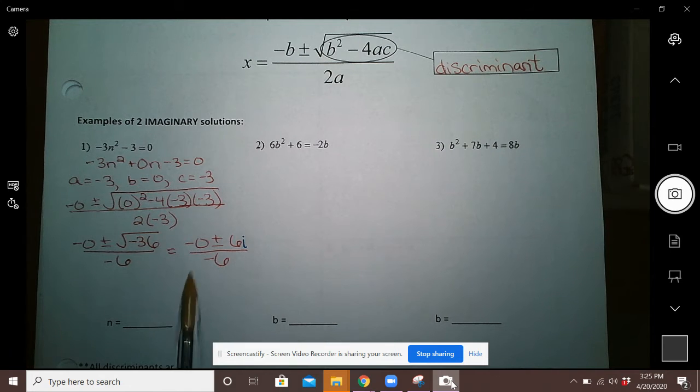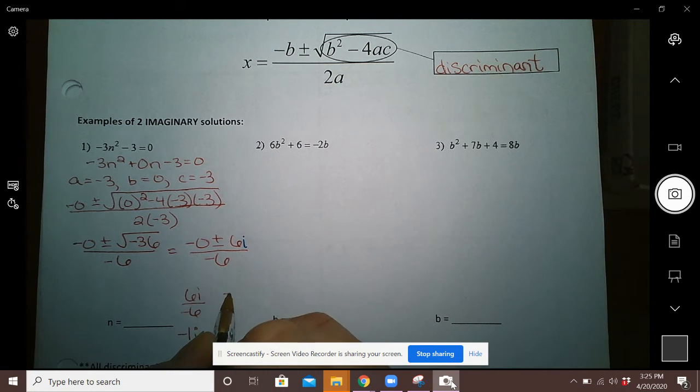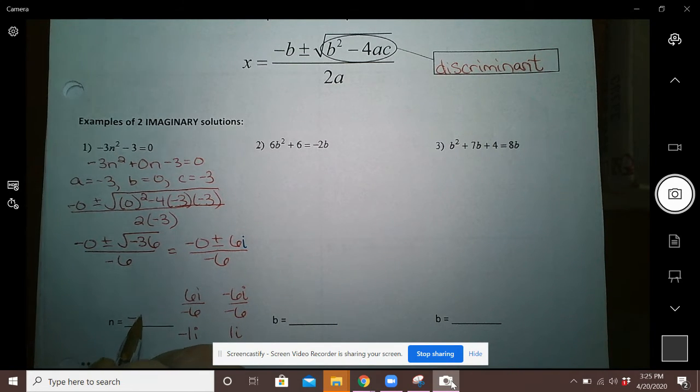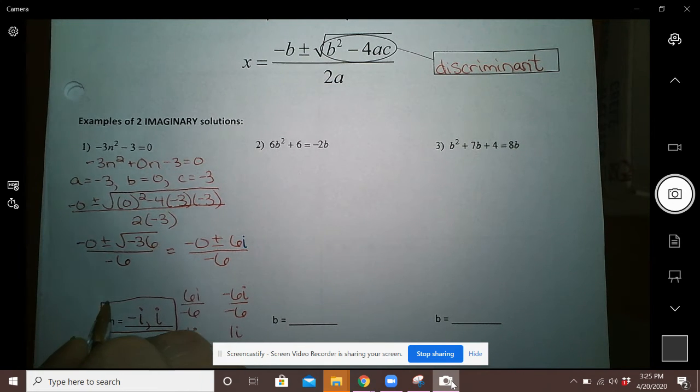Okay, so let's see. -0 plus 6i would be 6i over -6, which would be -1i. And -0 minus 6i would be -6i over -6, which would be +1i. So my two solutions are -i and +i. -1i and +1i.